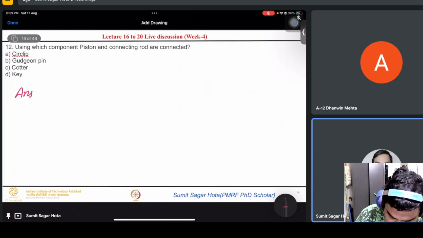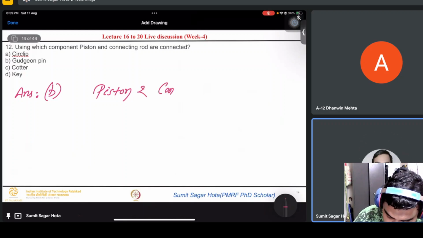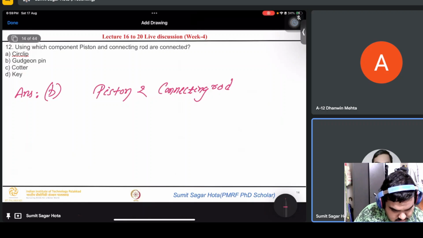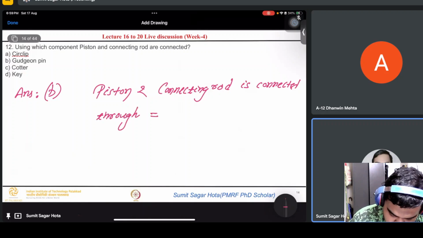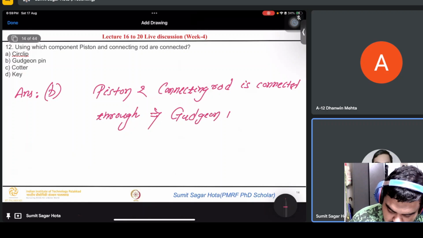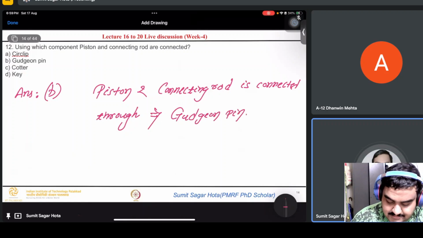So the piston and connecting rod are connected through the Gudgeon pin.